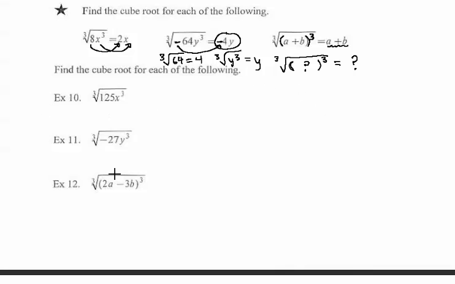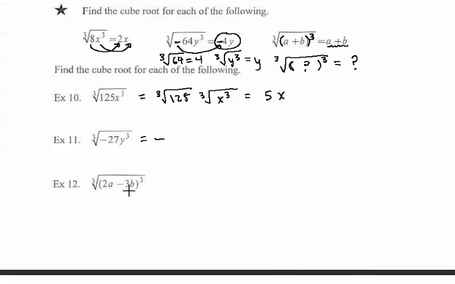Alright, so here's 3 more that we can simplify. If you want to, you can break this product inside apart into a cube root of 125 and a cube root of x cubed. But in the end, we get a 5 and we get an x.